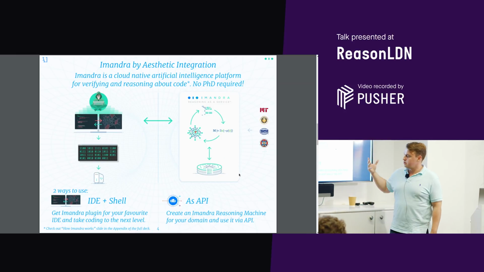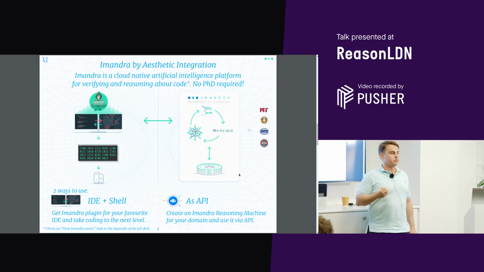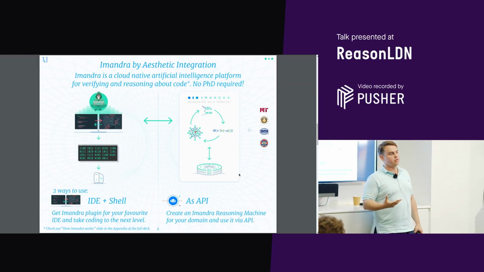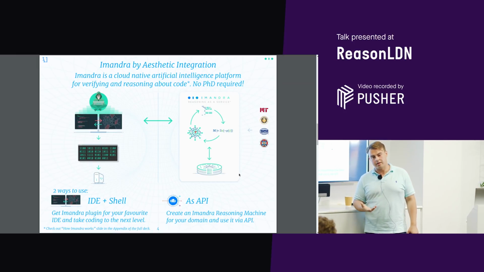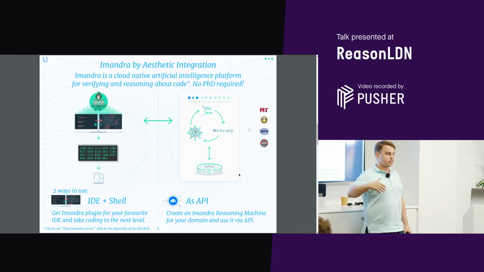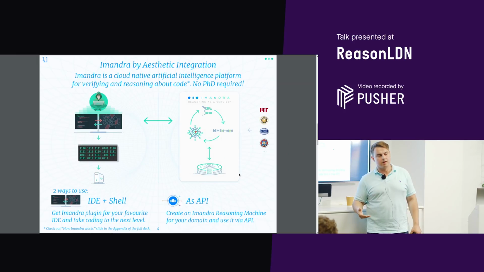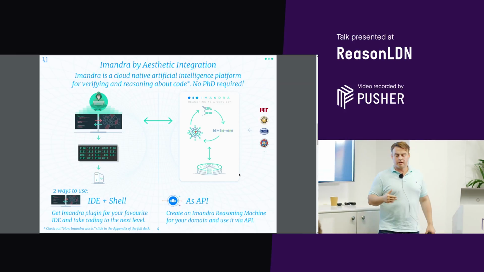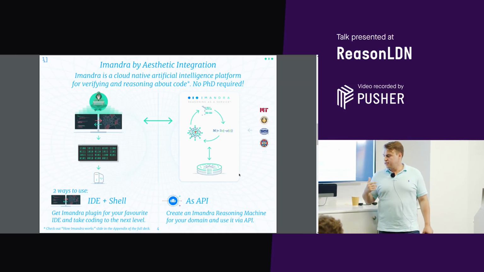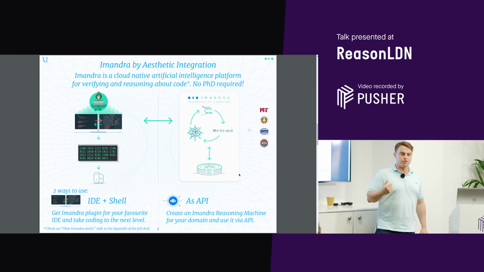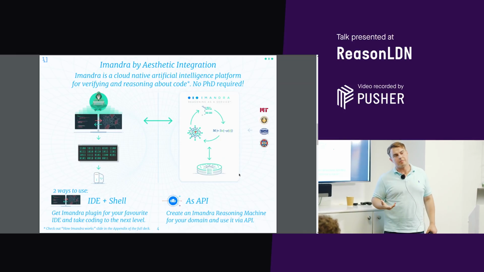What Imandra, our product, allows you to do is to write properties of your code at a high level, at the level that you think. So when you write something, you say, okay, when A happens, I expect B to always happen, right? When you're testing for these things, you have to come up with a few examples of that. And obviously, testing never tells you that something will always work. It just shows you few instances where it might break down.